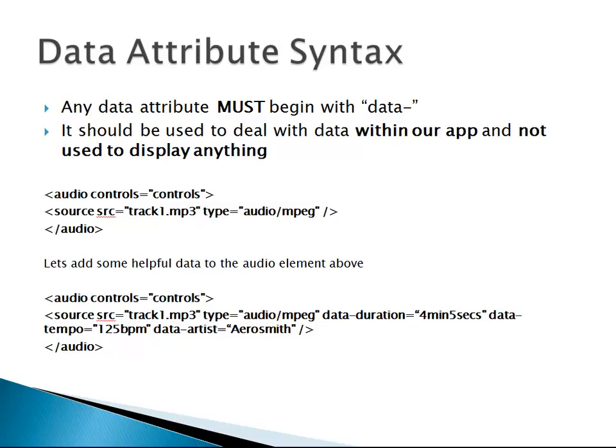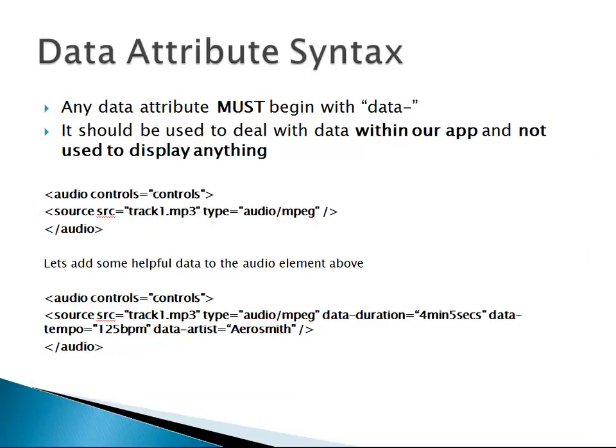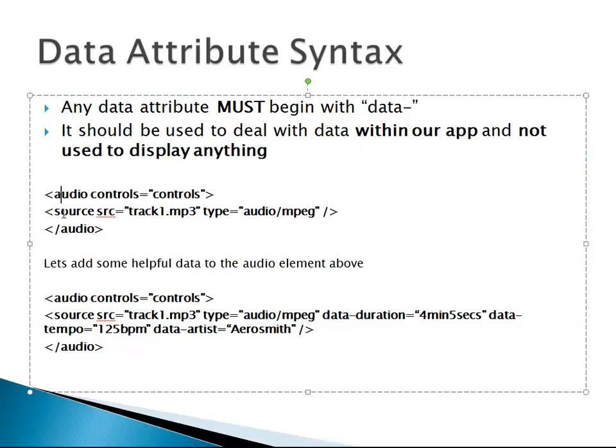So here's the data attribute syntax. Any data attribute must begin with data and then a dash or a hyphen. It should be used to deal with data within our app and not used to display anything. So here's an example of how we would use the data attribute. We have an HTML5 audio tag, which embeds the source, which is track1.mp3, and we have a type, which is audio/mpeg.